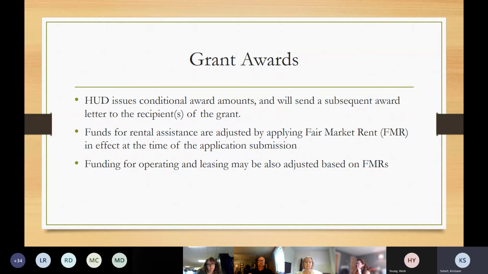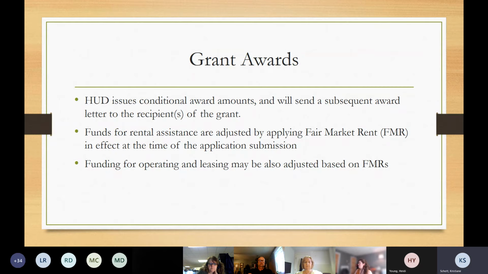What we have seen in the past couple of years is that most fair market rents are going up. So most of our projects that have rental assistance or leasing and operating costs in the last couple of years have seen their project award amount go up because fair market rents have been increasing.